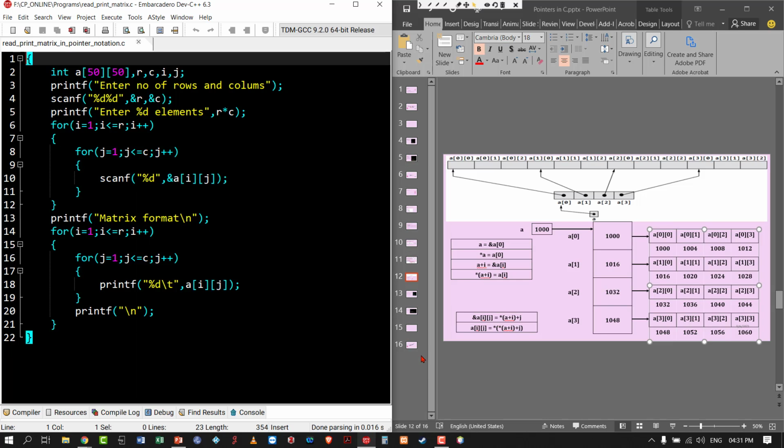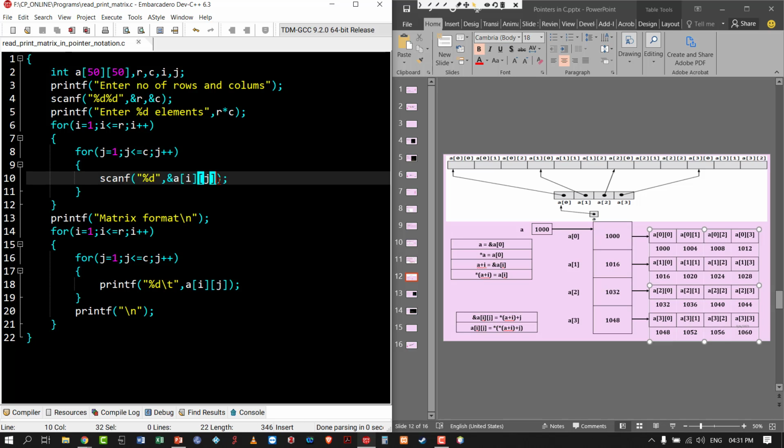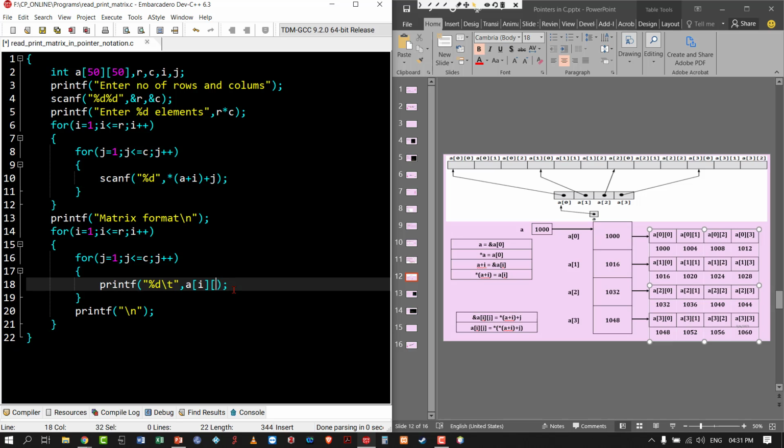So ampersand A of ij will be replaced with this one. Here I have ampersand A of ij, so I am replacing it with star A plus I plus j. Then A of ij I am replacing with star bracket, inside the bracket again star, again a bracket, A plus I plus j.